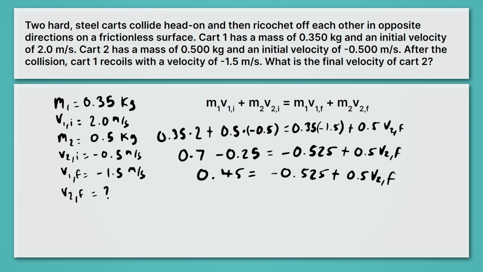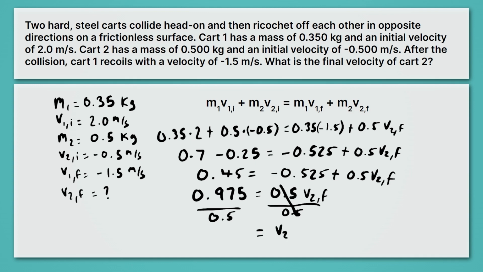And when we do that, we get 0.975 equals, now that 0.525 term is gone, so it's just equal to our 0.5 velocity 2 final. Last step, we'll divide both sides by 0.5. So the 0.5s on the right there will cancel out, and our velocity 2 final is going to be 1.95.